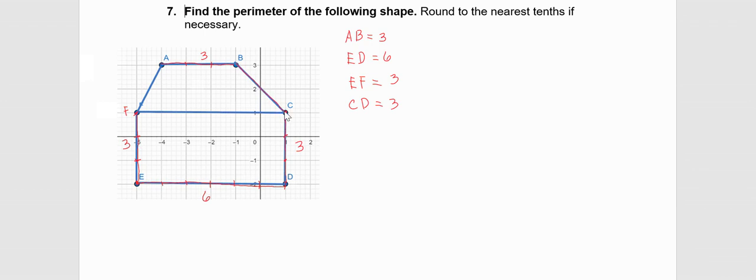We start with line segment BC. So we draw a line segment from point B. It should be a vertical line segment, then a horizontal line segment to point C.